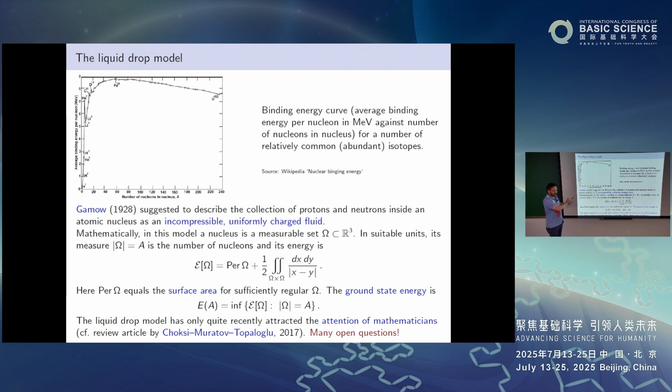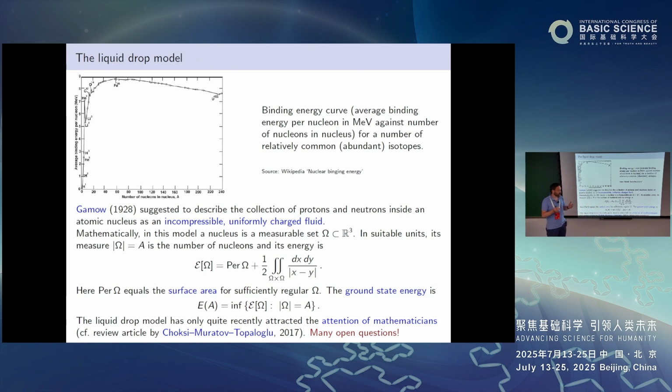But the model that I'm going to present has the advantages that it's very simple, it explains this picture qualitatively, and it's easy to look at and discuss mathematically. This is what I would like to focus on. I should say that virtually every textbook on nuclear physics that you open still has this model in. So even though it's old, that's the first thing you learn when you learn about nuclei.